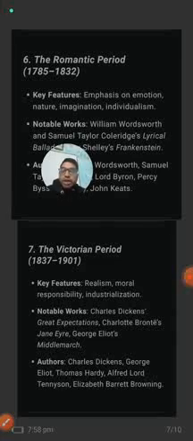Notable works were Charles Dickens' Great Expectations, Charlotte Bronte's Jane Eyre, George Eliot's Middlemarch. The notable authors of this period: Charles Dickens, George Eliot, Thomas Hardy, Alfred Lord Tennyson, Elizabeth Barrett Browning.